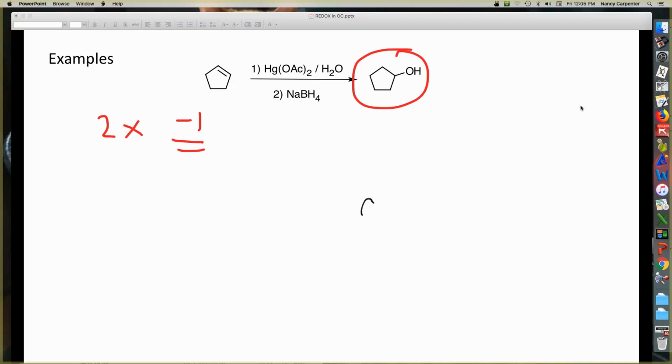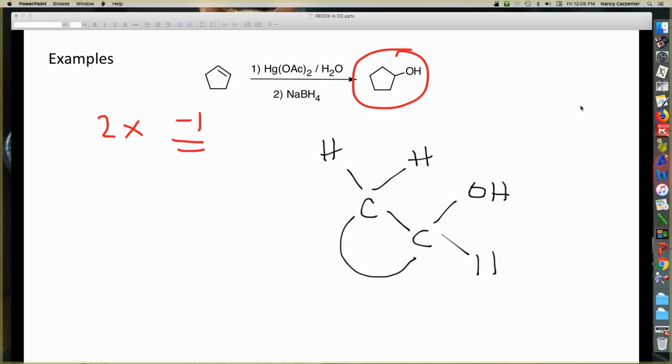Well, I've got one carbon that is going to have an additional hydrogen on it now, and one carbon that has been given an oxygen. So quick review, this was +1, +1, -1, +1. Alright, so that gives me an oxidation state of 0 here and -2 here.